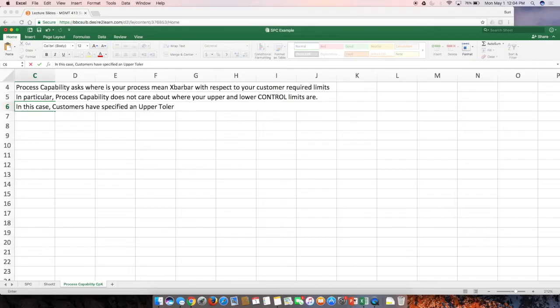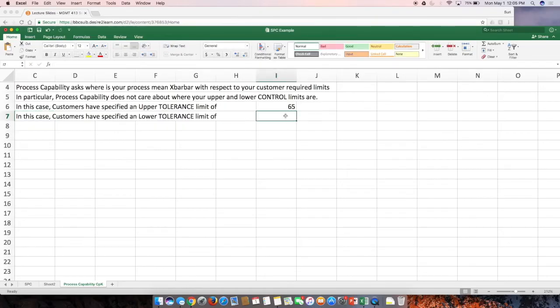That is the tolerance versus control. Notice the difference in terminology. Upper tolerance limit of how much? How many ounces? It's plus or minus, so what's the upper limit? 65. And lower limit? Lower tolerance limit of how much? 63. That's what customers are asking.